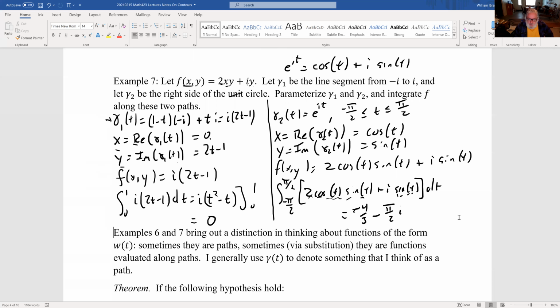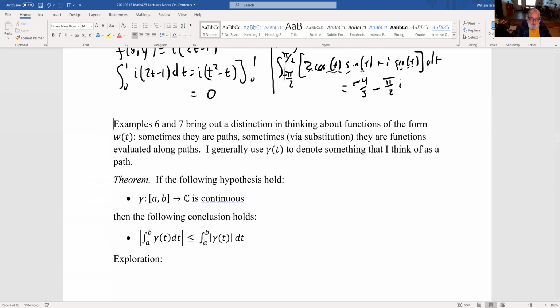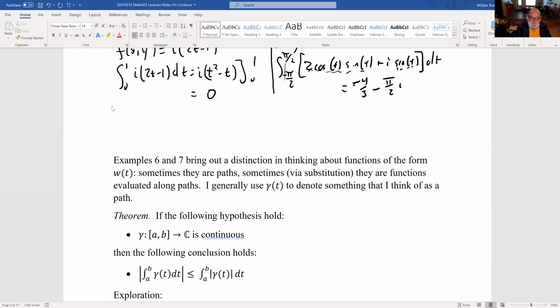So what's the point of this example? We had 2 points, i and minus i.